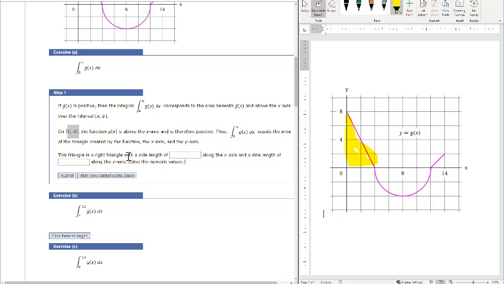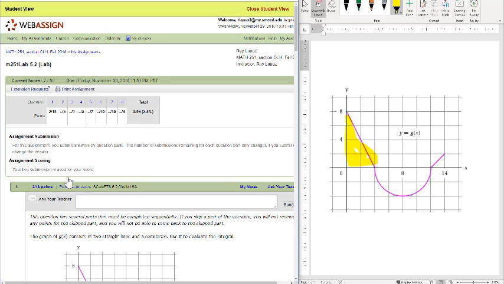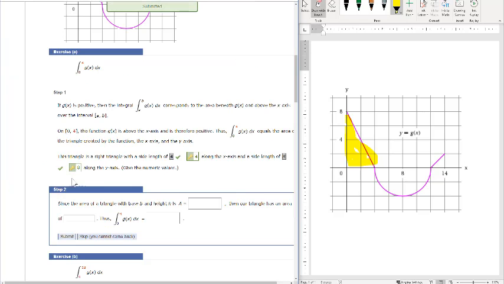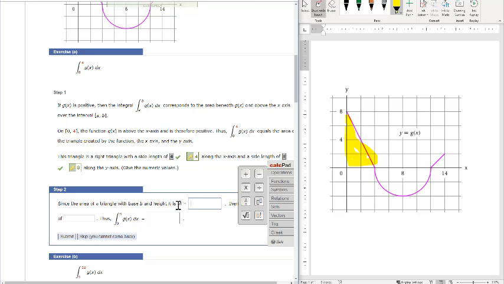Alright, so the right triangle has a side length of, let's see, each of these is 2, 4, 6, 8. The length they're measuring along the x-axis is 4, and a side length of 8 along the y-axis. So basically the base is 4 and the height is 8.